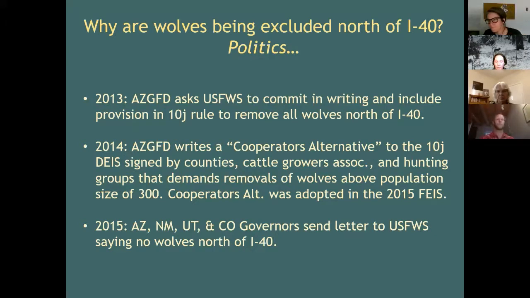So basically everything in that cooperator's alternative was adopted in the 2015 final EIS. And then furthermore, the state agencies convinced elected officials to get involved, and by 2015, the state governors in Arizona, New Mexico, Utah, and Colorado all sent a letter to the US Fish and Wildlife Service saying no wolves north of I-40.